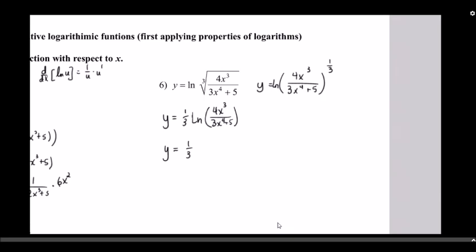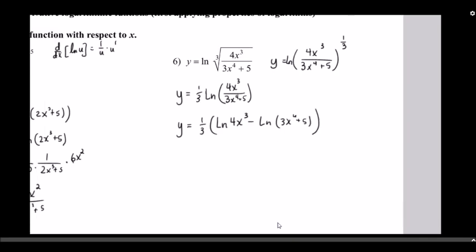And since we have a quotient, we can expand the logarithm into two logarithms using subtraction. So natural log of the numerator, subtract natural log of the denominator, and then distribute the 1/3.